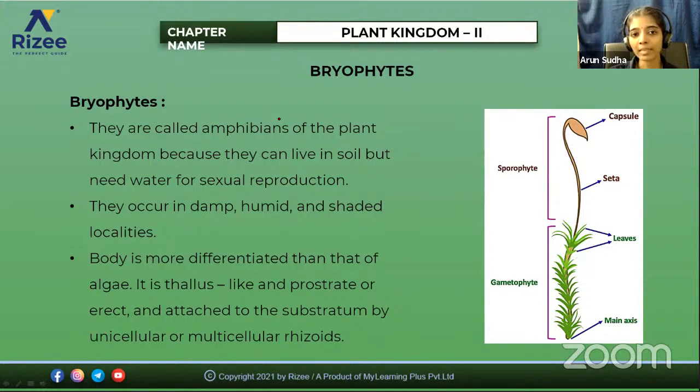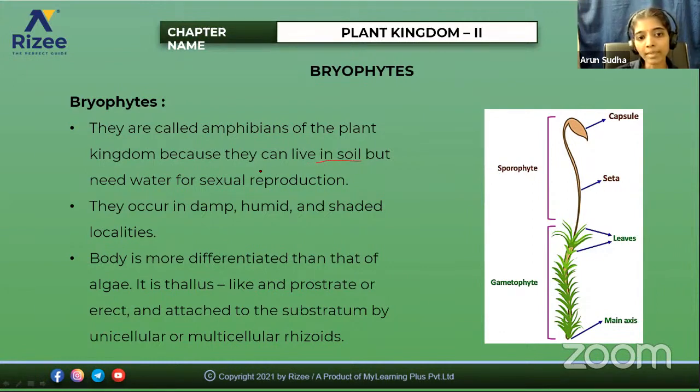There occurs a gradual transition from aquatic to terrestrial forms, because algae are purely aquatic, though they can exist in slightly moist environments. Here there is a gradual evolution. They are called amphibians of the plant kingdom because they can live in soil, but they need water for sexual reproduction. Only for reproduction do they need water, otherwise they can live in soil.